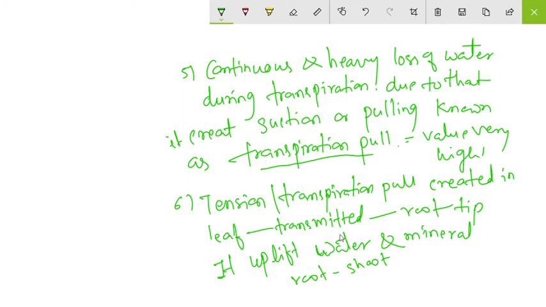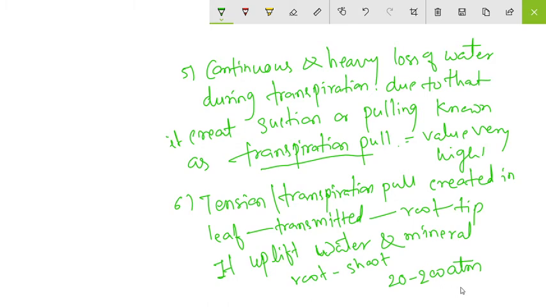The water present in the xylem tissue is under tension, and that tension is due to the transpiration pull. The force created by the transpiration pull is very high, near about 20 to 200 atmosphere.